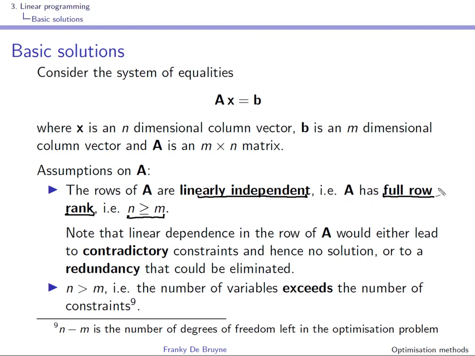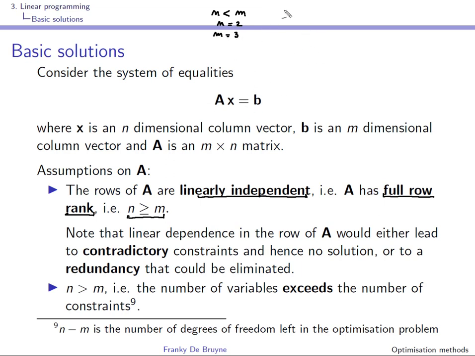The concept of full row rank has been explained in the course Linear Algebra and Applications, so go and have a look if necessary. Let us have a look at what happens if n is smaller than m, to illustrate this, and we'll take n = 2 operational variables, m = 3 constraints.